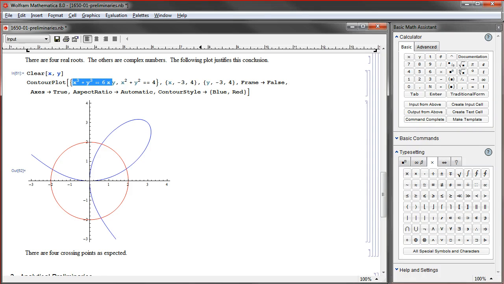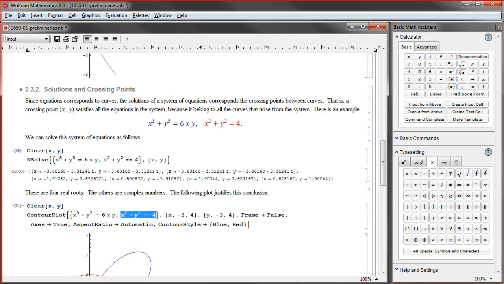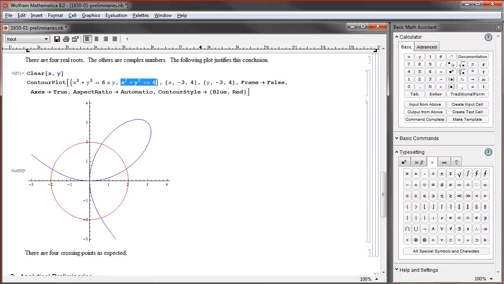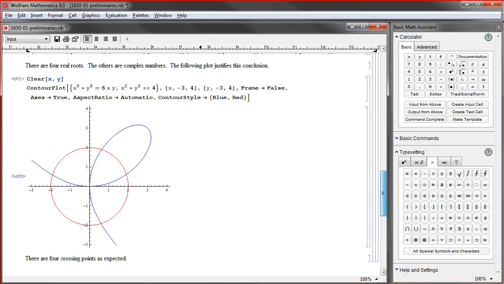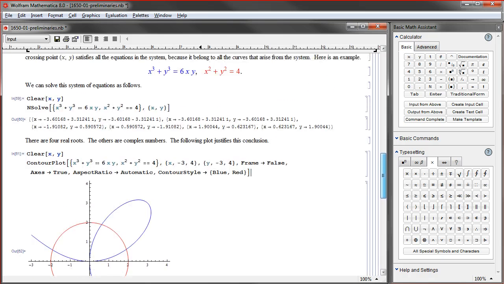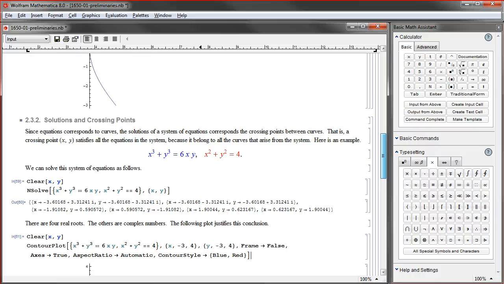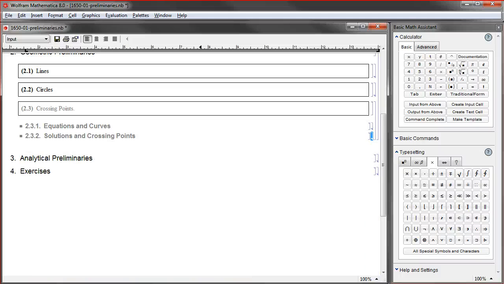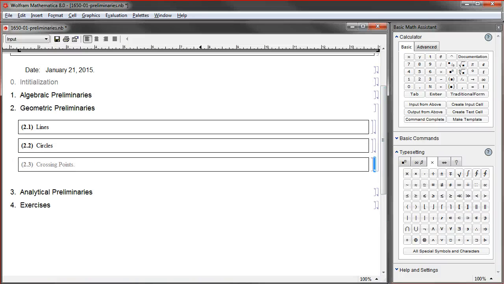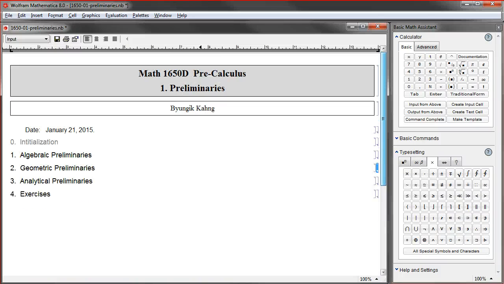So we have the first equation and the second equation. The first equation is the blue curve. The second equation is the red curve. And then we have crossing points, 1, 2, 3, 4 points where these curves cross each other. And we can actually find those crossing points using a mathematical program like this. But if you're not really interested in the computational aspect of this course, then never mind about that. Okay, so far so good.